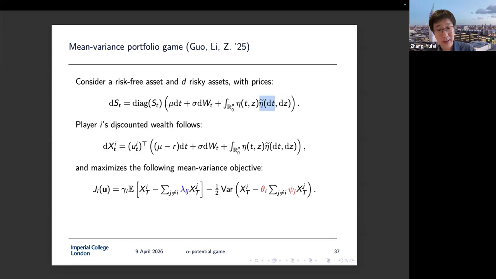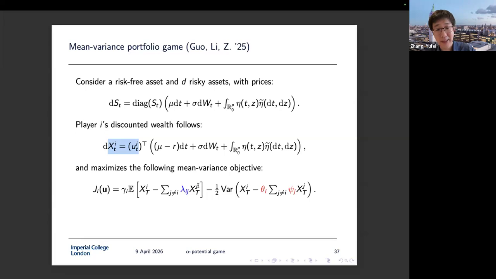And then each player considers their discounted wealth process, where u_i specifies player i's investment strategy, in the sense of how many dollars player i invests in the risky assets. And then you can show that the corresponding discounted wealth follows a controlled jump diffusion process.